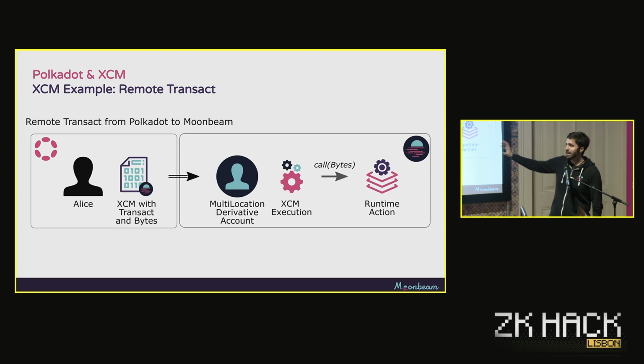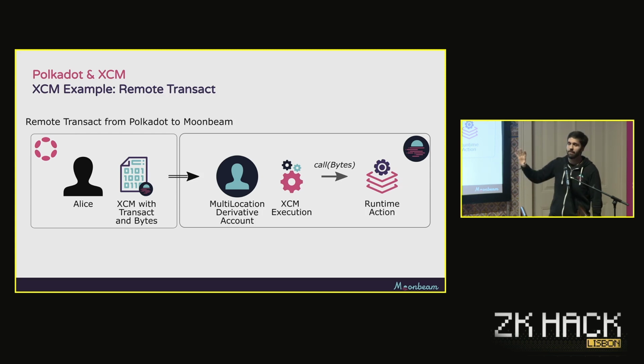Basically, this dispatcher could be a message sender in the Solidity environment. It's calculated from the origin on Polkadot, and I'm going to show you briefly how. This dispatcher is going to be the message sender of the XCM, and then you call some bytes on the runtime that do a certain action.